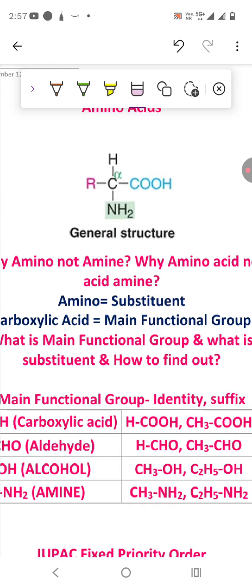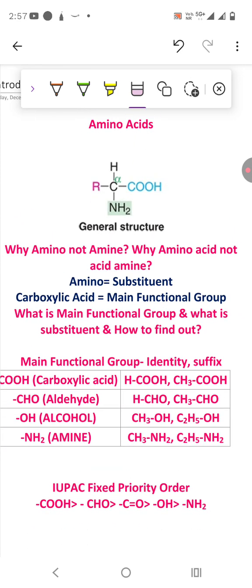But in amino acid, this amine is present as a substituent. Here, carboxylic acid acts as the main functional group. Why?